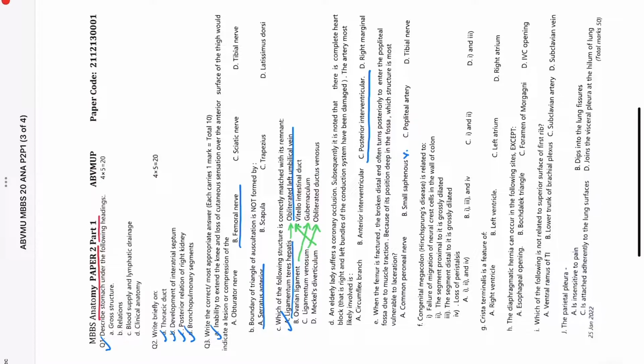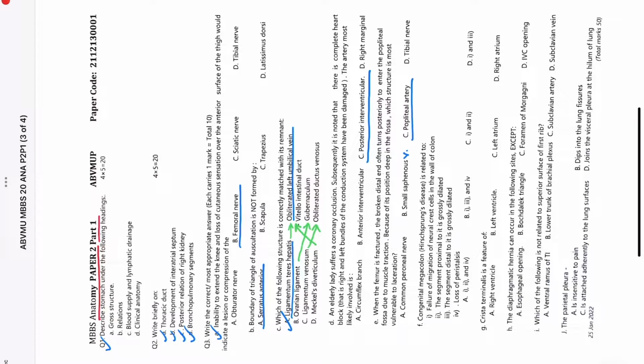So the answer is very easy, and you know that the popliteal artery is the deepest lying structure in the popliteal fossa, and being so deeply and closely applied to the two bones, both femur and tibia, it has very high chances of getting lacerated in case of fracture or dislocation injuries at the knee joint or above it.